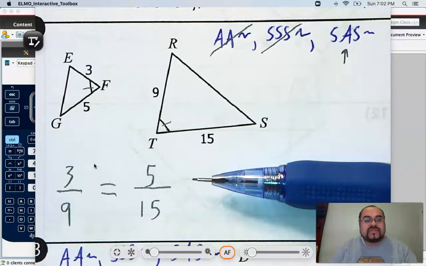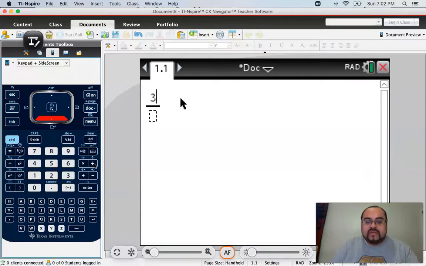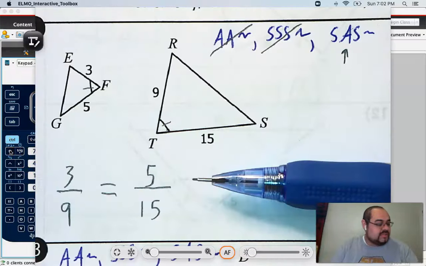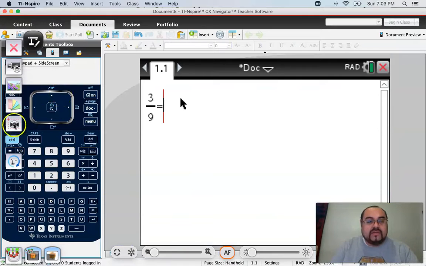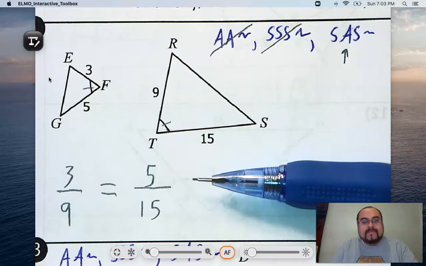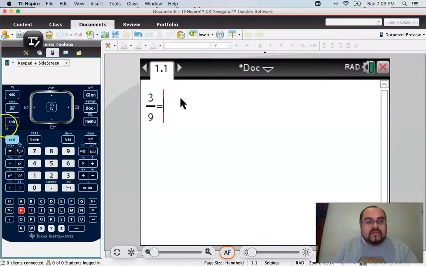My first fraction is 3 over 9. Okay, and I'm going to see if that is equal to the second fraction, 5 over 15.